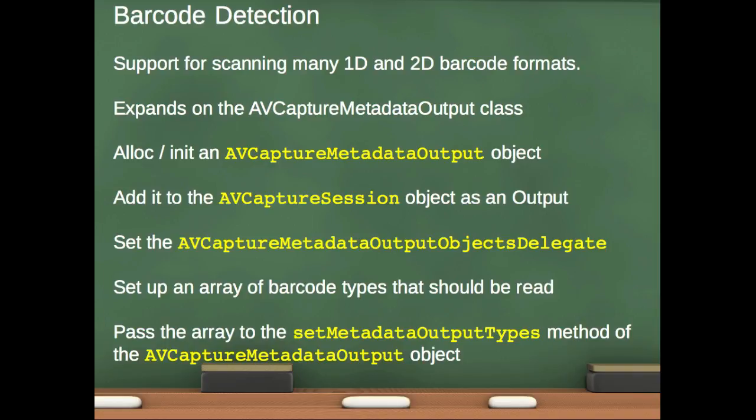It is CPU intensive and therefore potentially battery wasting to do so. We just specify the certain types of barcode that we should read with our app. Then we take that array and pass it to the AV Capture metadata output object as the parameter of the set metadata object types method of that object.